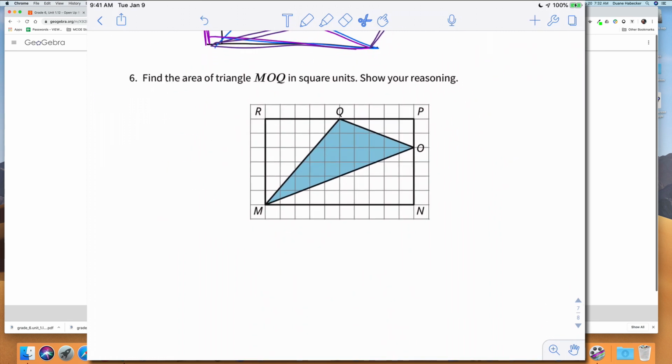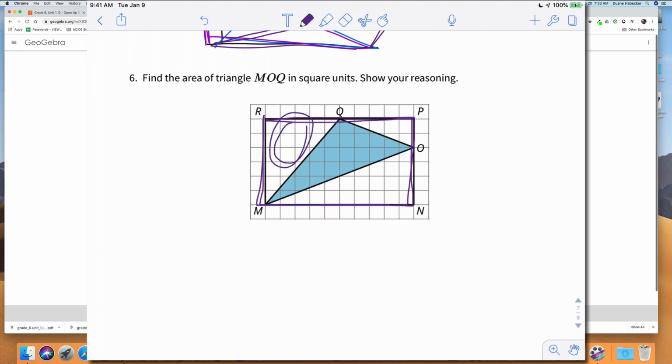All right, now find the area of the triangle MOQ in square units. Now this is beautiful, because finding the area of MOQ, the triangle MOQ, that's tricky. That really is. But they're giving you a hint. Look at that. They're putting a box, a rectangle around it. And finding the area of the rectangle is really easy.